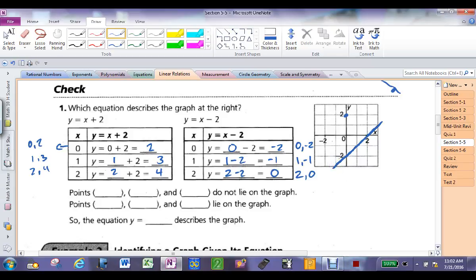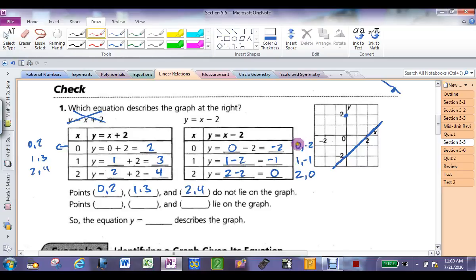Oh. No, it's not. So if 0, 2 is not on the graph, will 1, 3 be on the graph? No. Will 2, 4? No. Which means this cannot be the graph of that, or the equation of that line, can it?